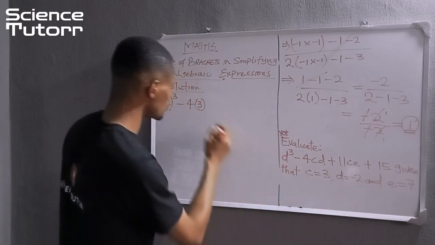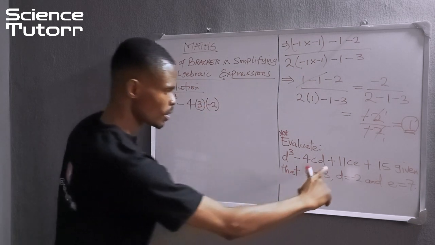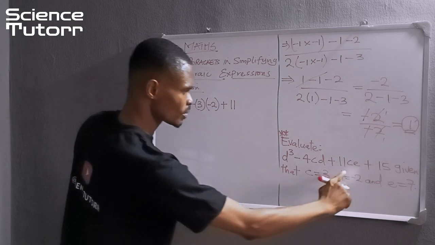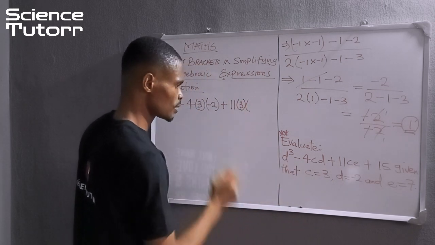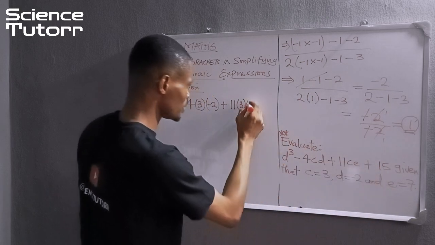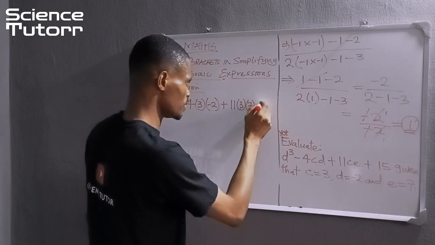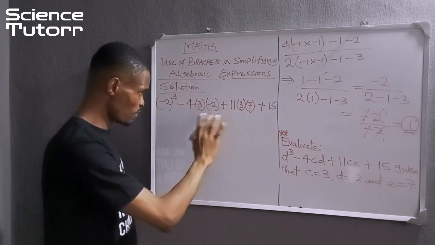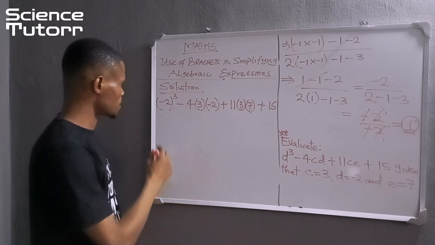D is given as minus 2, I'm using a bracket for minus 2 for d. Plus 11, c is 3, I'm using a bracket, and also e is 7, I'm using a bracket, plus 15. So the brackets help to organize the parameters for better understanding.